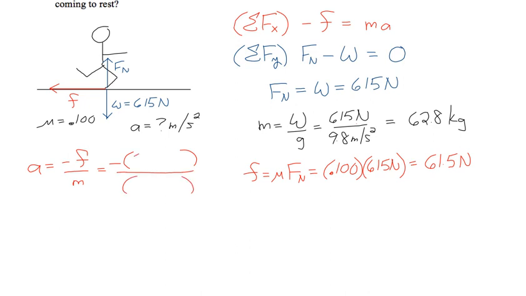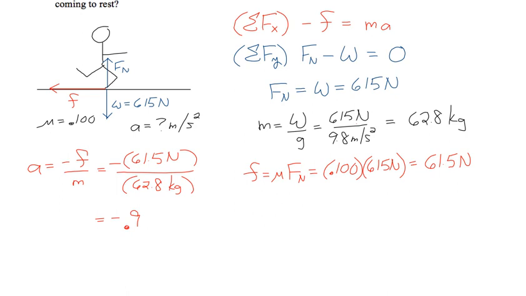So the friction is 61.5 newtons, and the mass is 62.8 kilograms. Looking at that, I can see that this number is a little bit bigger than that, so if they were equal, it'd be 1. So it's going to be a little bit less than 1, so minus 0.9 something.